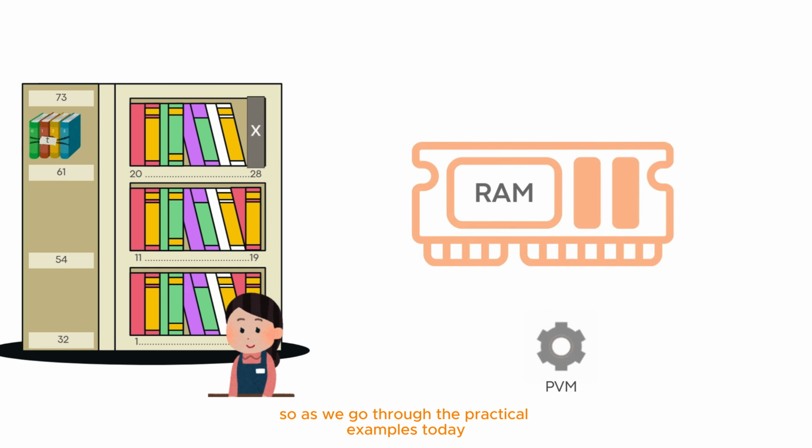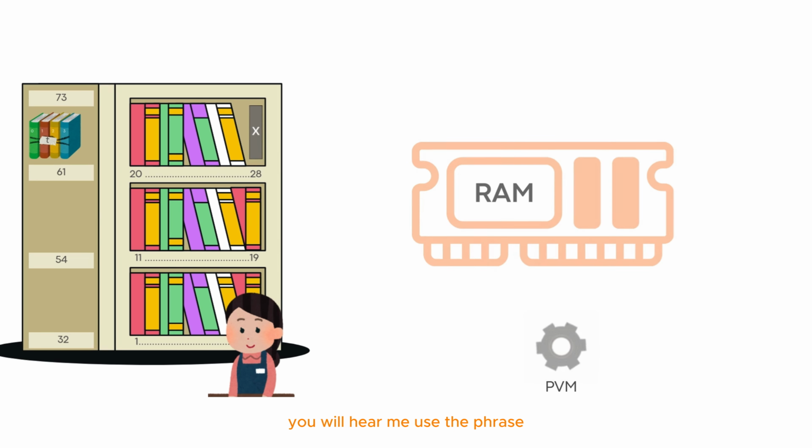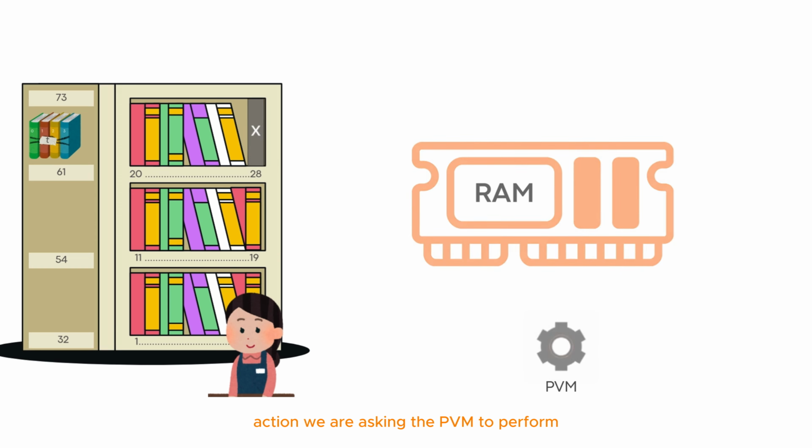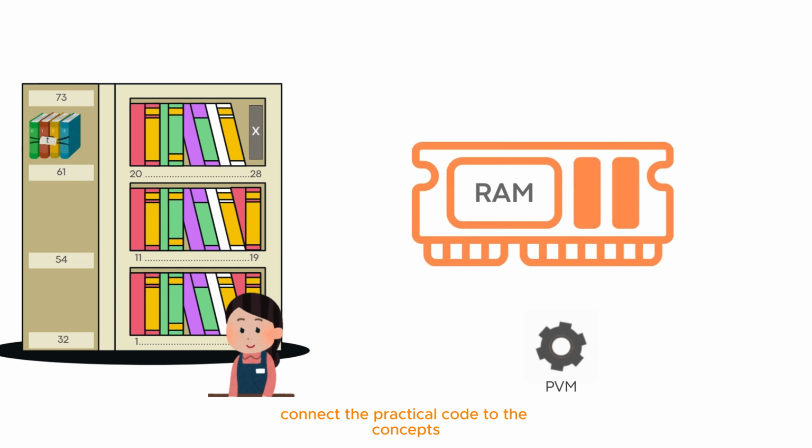So as we go through the practical examples today, you will hear me use the phrase, "let's tell the librarian." When I say this, I am using it as a simple and easy way to refer to the action we are asking the PVM to perform. It is just a tool to help you connect the practical code to the concepts we have already learned. Now let's get started.